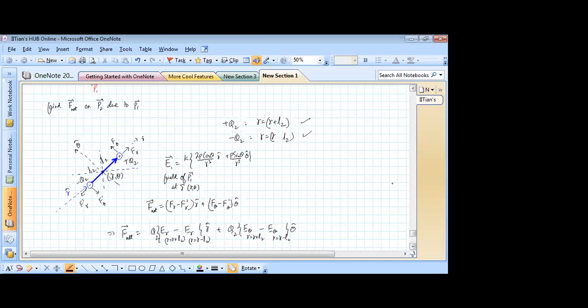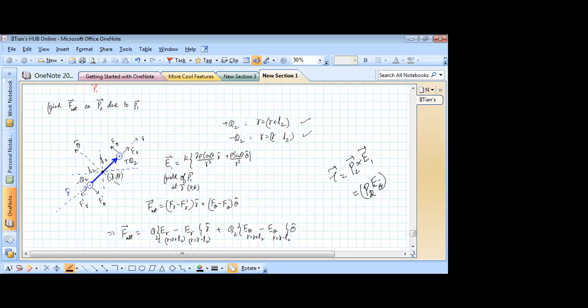And for the torque, you can use the same method. It is the second dipole moment cross product with the electric field due to the first one. So this will actually become P2 into this one's tangential component, because the radial component is along P2 only, because P2 is along r cap.